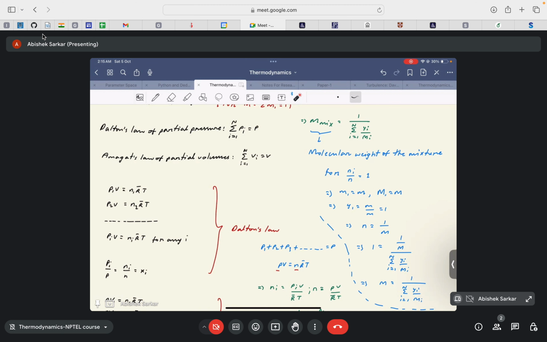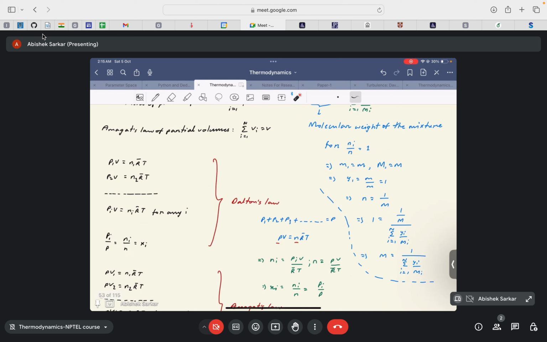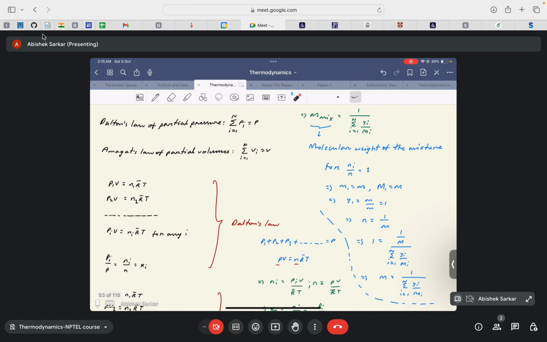The derivations of these are given in the lectures. I will derive one of them for you: Dalton's law of partial pressure. Dalton's law of partial pressure states that the ratio of the pressure exerted by a particular gas in the mixture over the total pressure is equal to the mole fraction of that gas in the mixture.